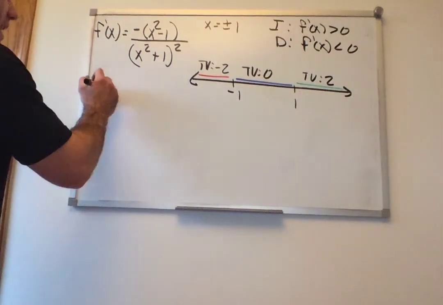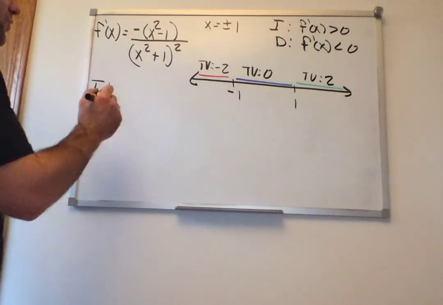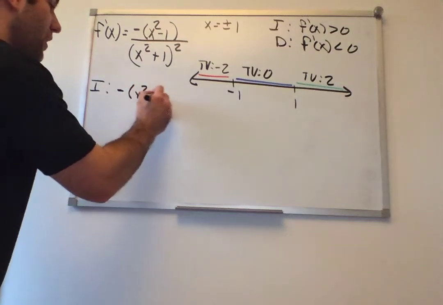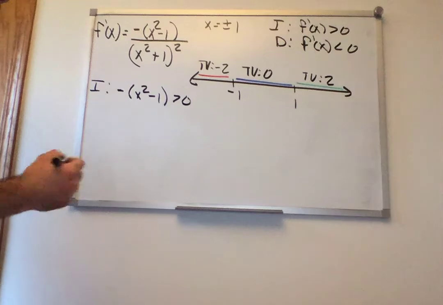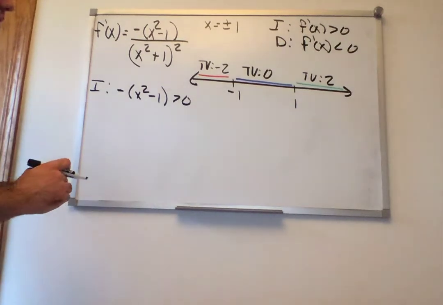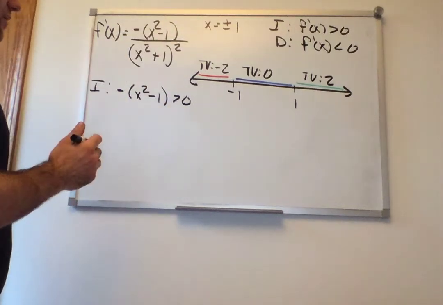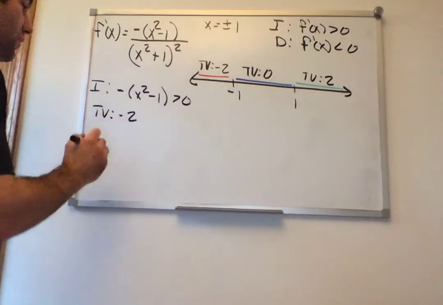Now we do have this negative sign out here. So let's go ahead and find the increasing intervals. We are going to take the derivative, negative, and I'm only taking the numerator because that's all we have to care about in this instance. That's not true for every problem though. And now just plug in your test values. Test value of -2.